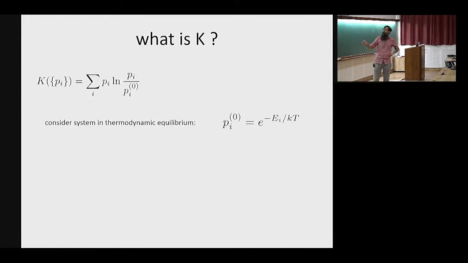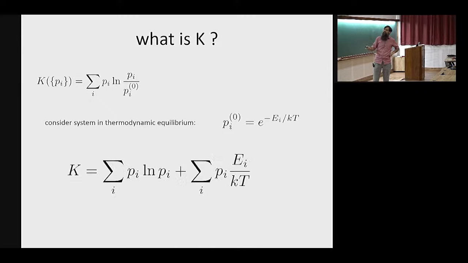And well, if I insert this in there, then I can pull this out of the logarithm here, and what I get is this expression. Okay, I have pi logarithm pi plus pi E_i.